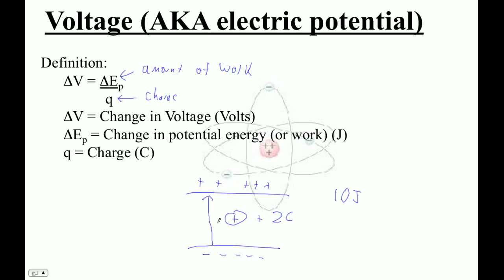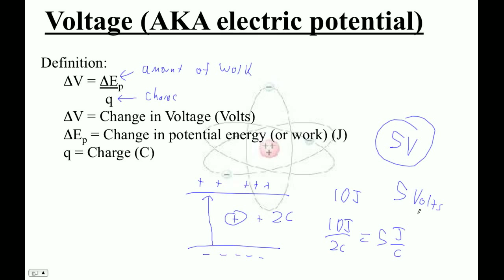And the voltage difference from this plate to this plate must be 10 joules per 2 coulombs, which is 5 joules per coulomb, or 5 volts. Or you can say 5 V, right?